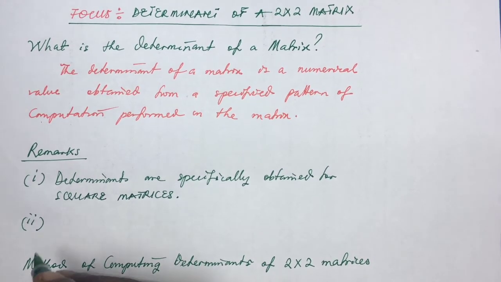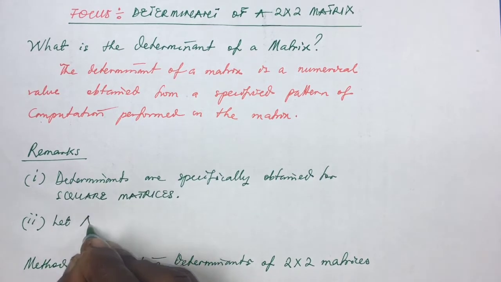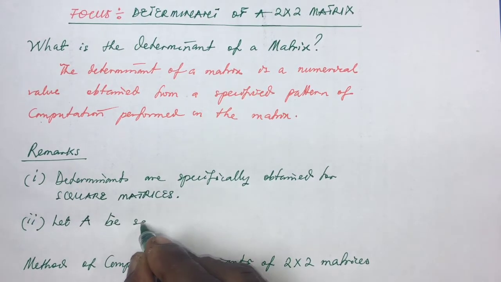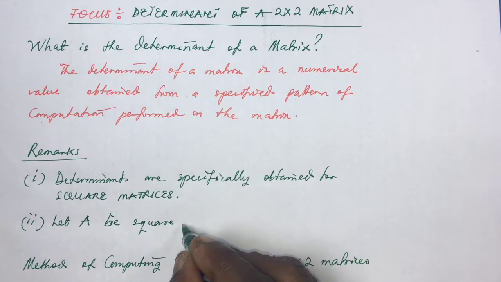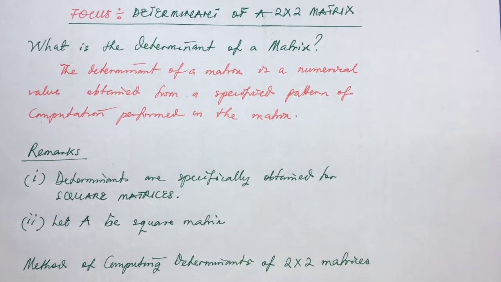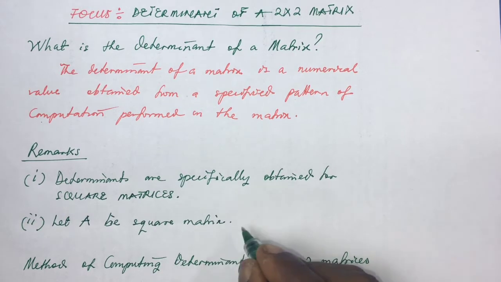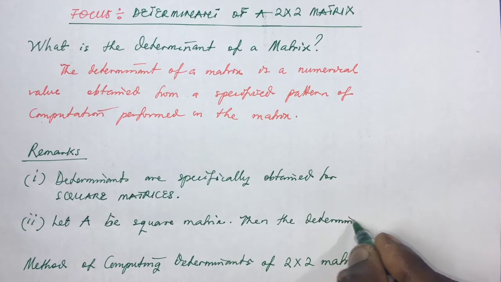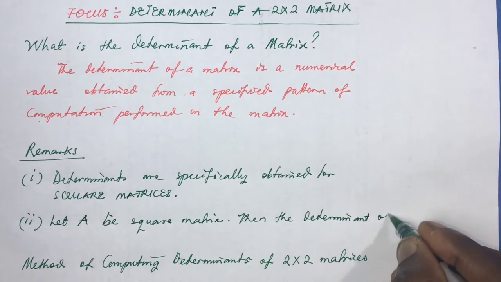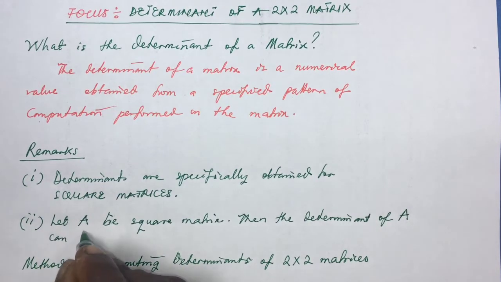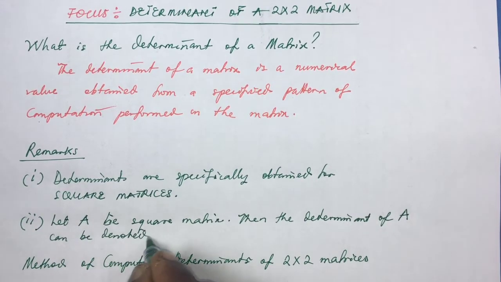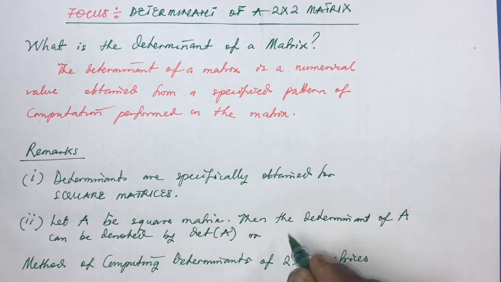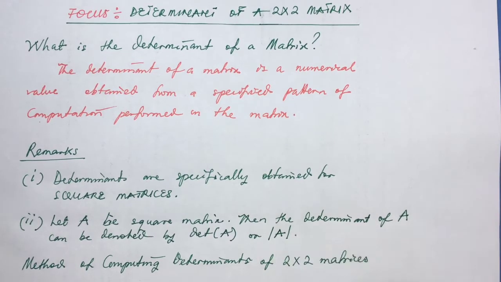For remark number two, I want you to know that if A is a square matrix, so let A be a square matrix, then the determinant of A can be denoted by det in bracket A, or by writing A in between two straight lines.